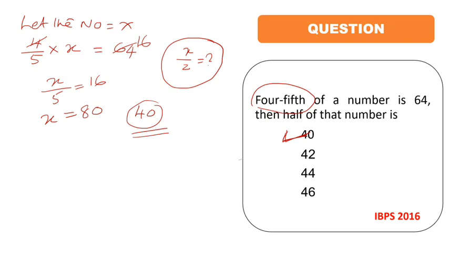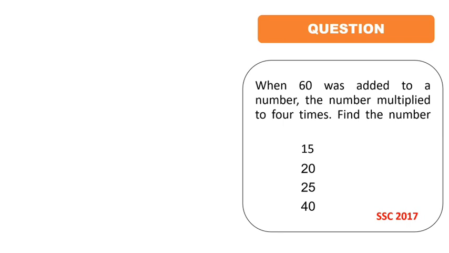So next question. When 60 was added to a number, the number became multiplied 4 times. Find the number. So again, find the number. Let the number be equal to x. When 60 is added to that x, the number becomes multiplied 4 times, it becomes 4x.